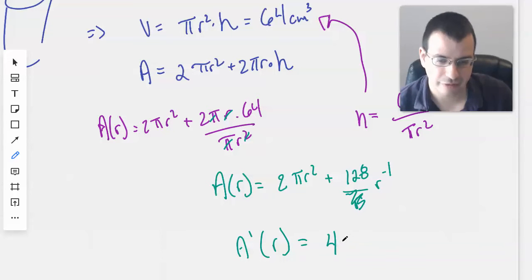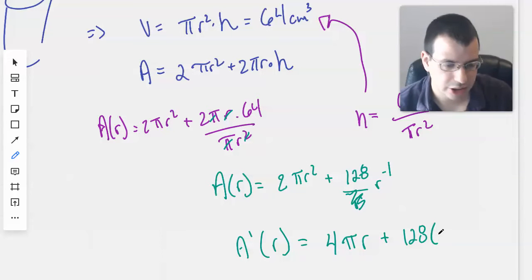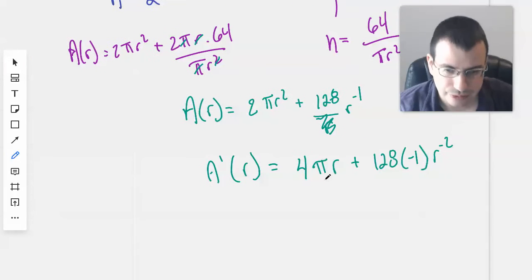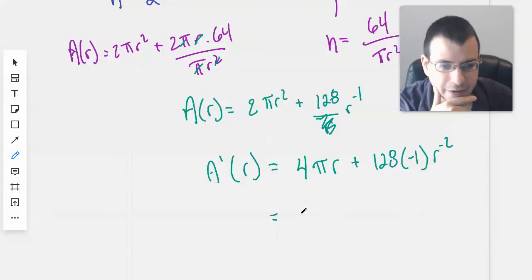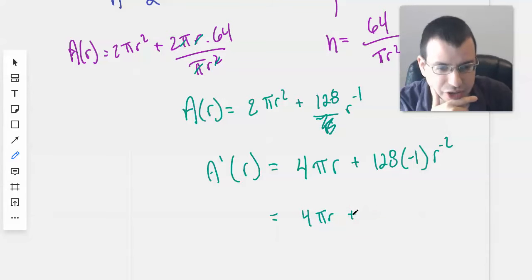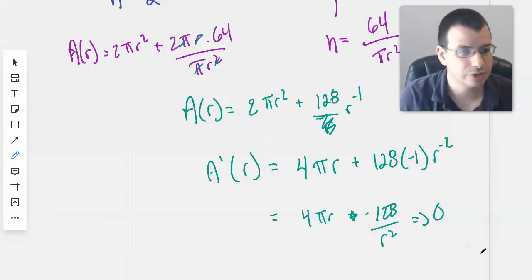So we have 4 pi r plus 128 times negative 1 times r to the negative second, which equals 4 pi r minus 128 over r squared, and we will set that equal to 0.